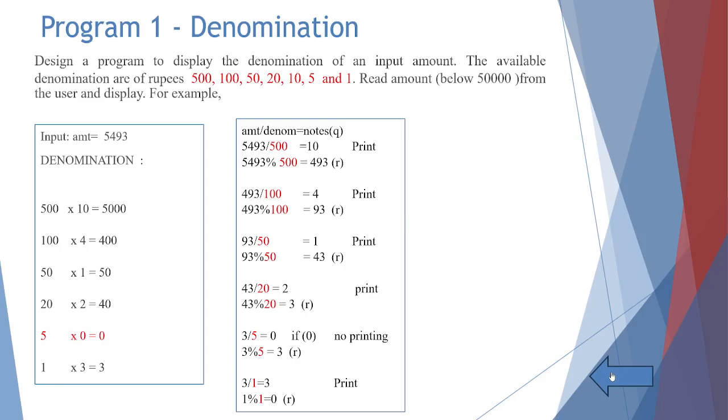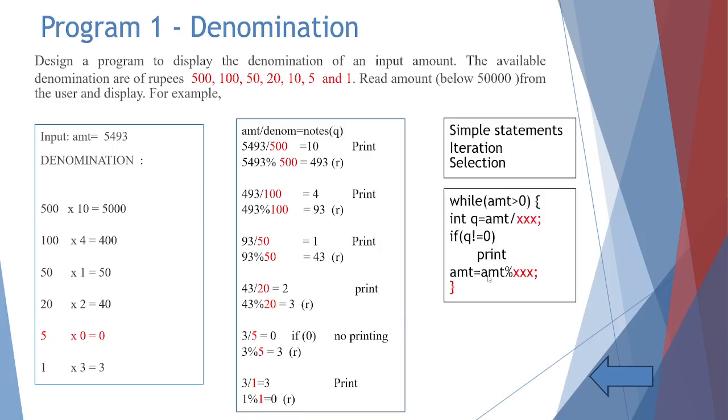That printing statement should be there if at all the quotient is greater than 0. By keeping these things in mind, we understood so far that simple statements are required, iteration is required, and inside the iteration selection is required. So let's try and write the iteration part.